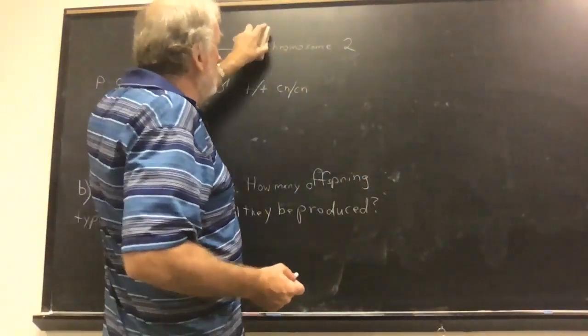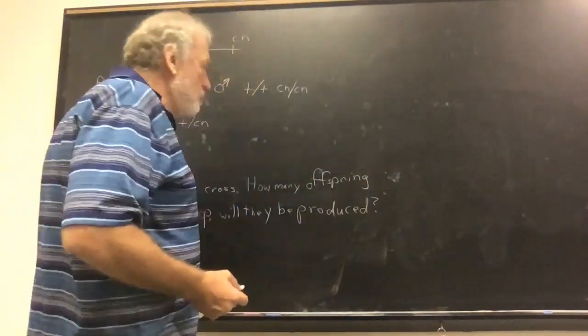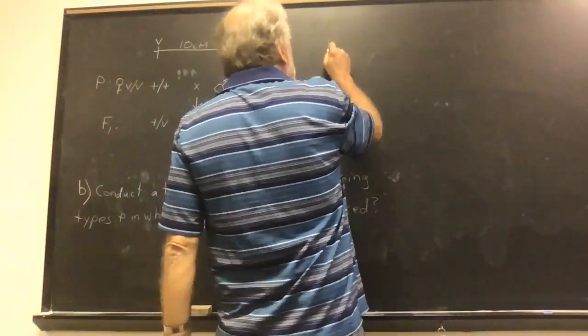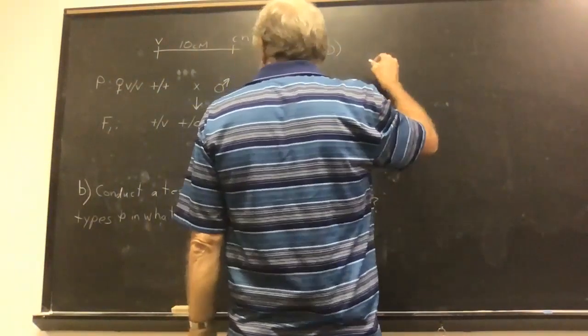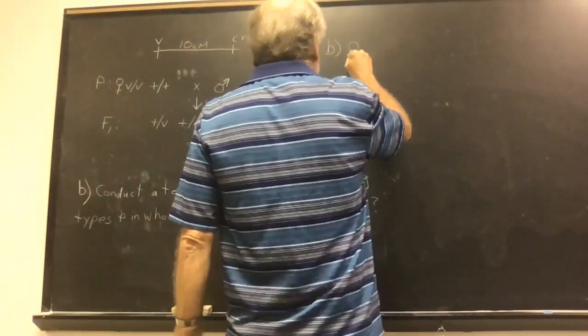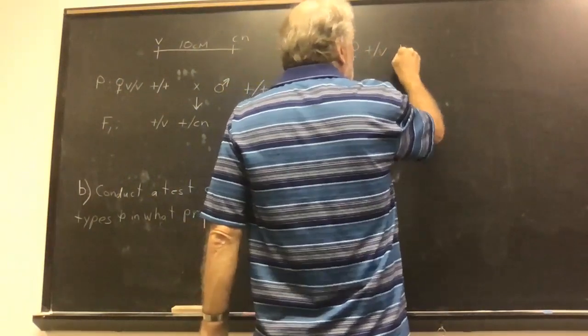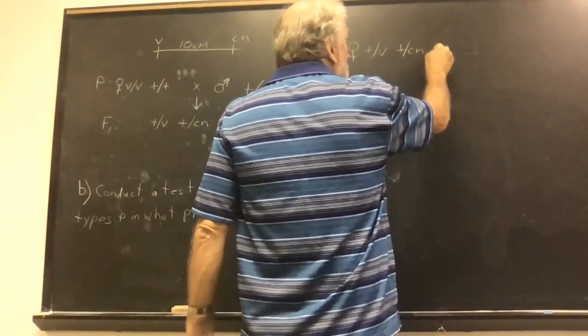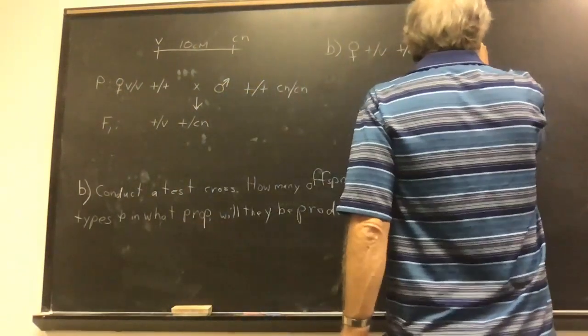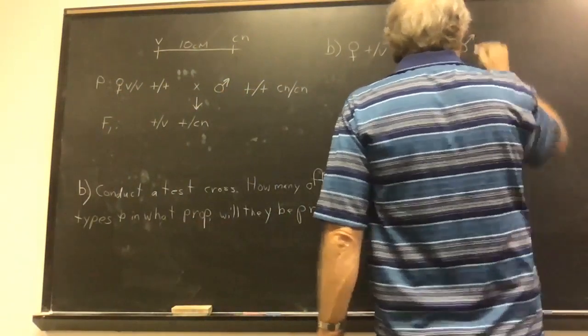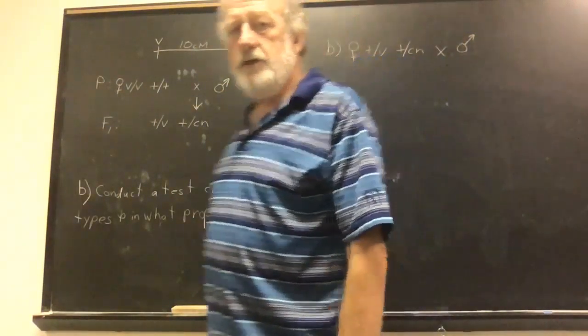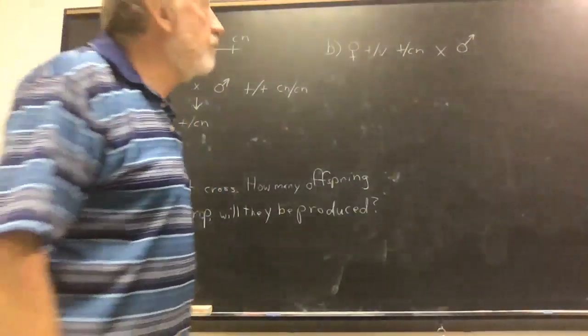And both these genes are in chromosome 2 in fruit flies, by the way. And so in B here, we would have our female F1, who's going to be plus V N, crossing her with a male tester, and that looks like that should fit.